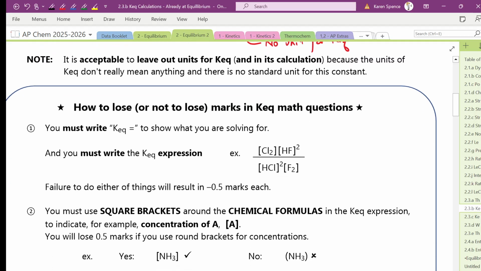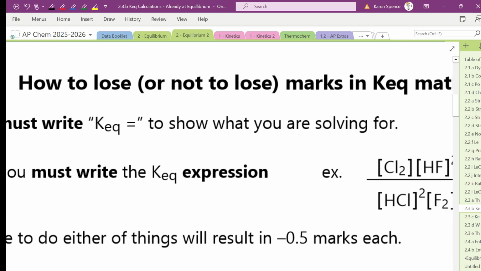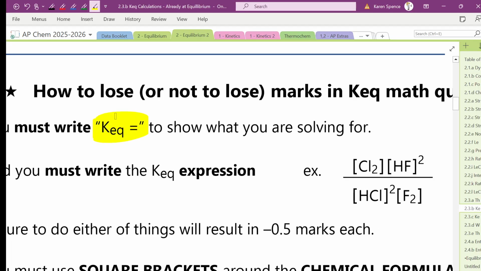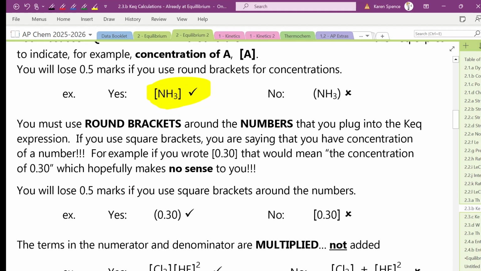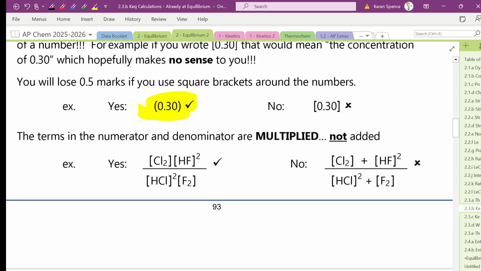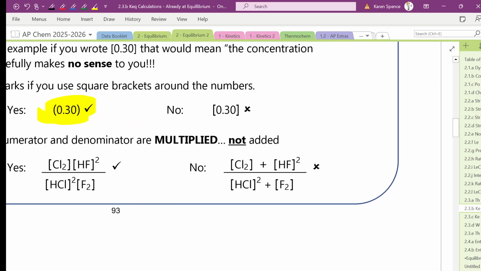How not to lose marks. You have to write KEQ equals, you have to show this bit, you have to show square brackets around the doodad, and you should show either round brackets or times signs for the concentrations. And I'm going to let you in on a little secret.